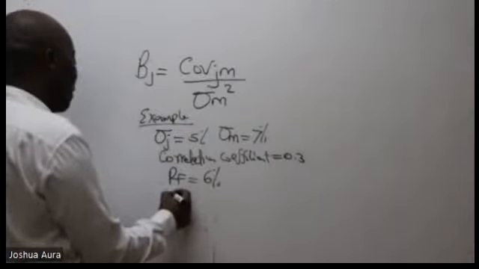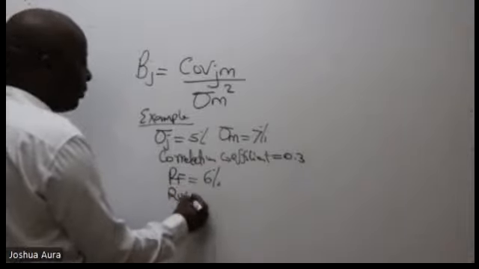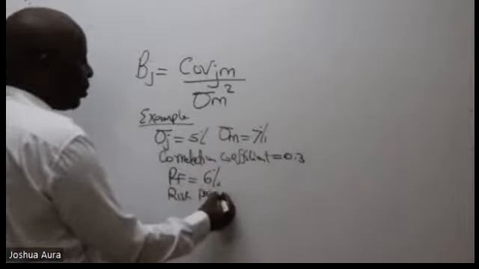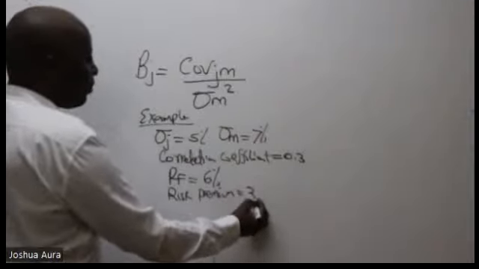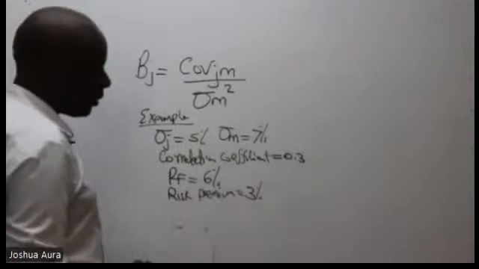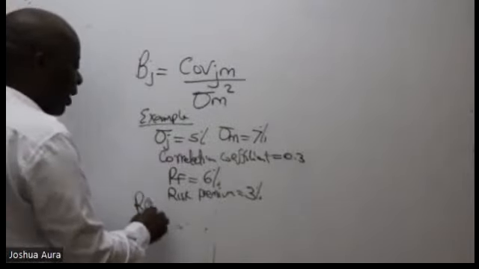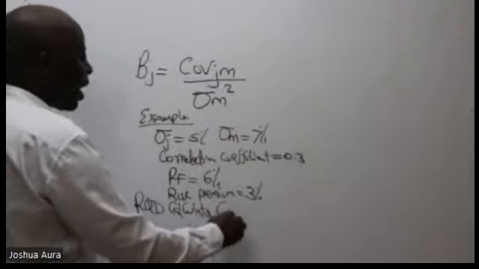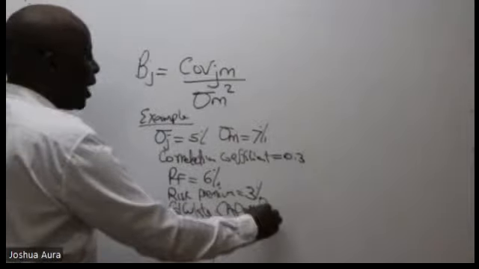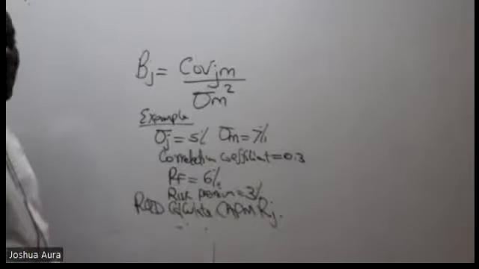And then we have the risk premium, something small, for example 3%. And then we are required to calculate CAPM returns of security J.